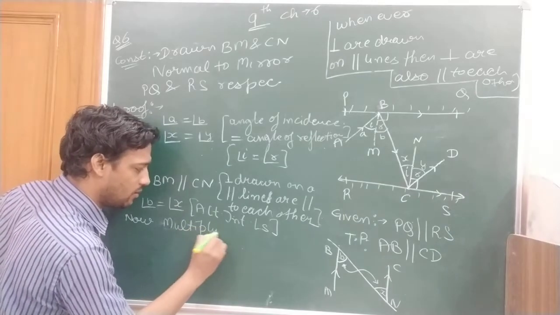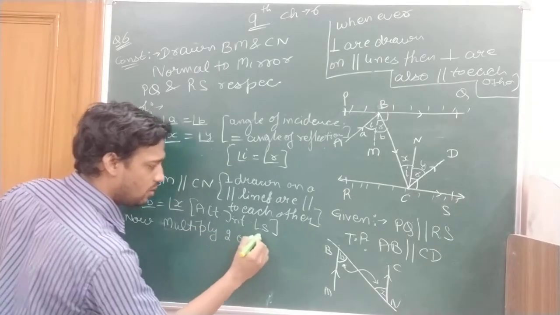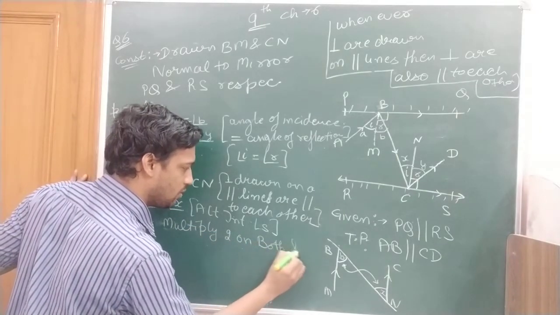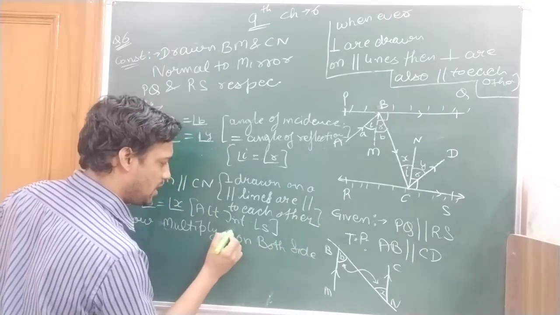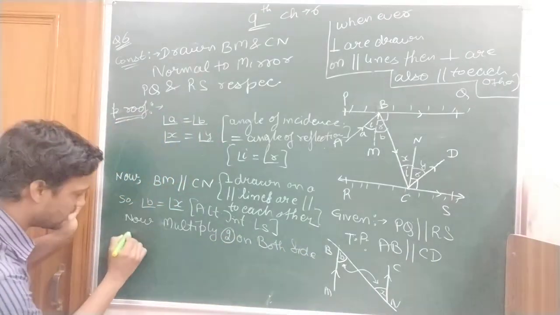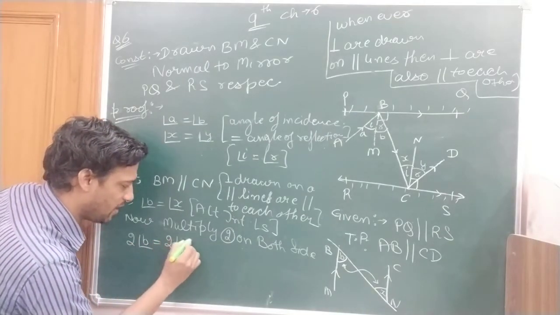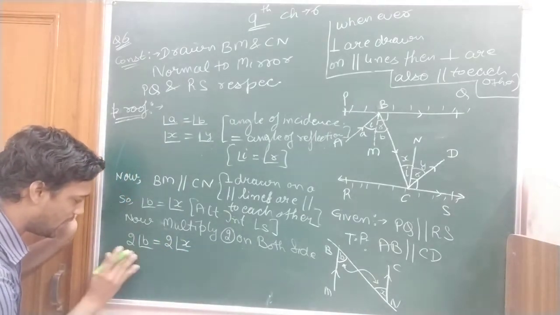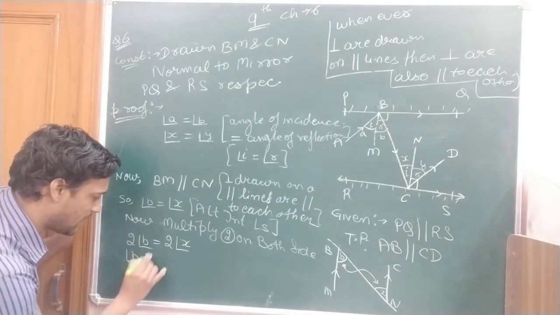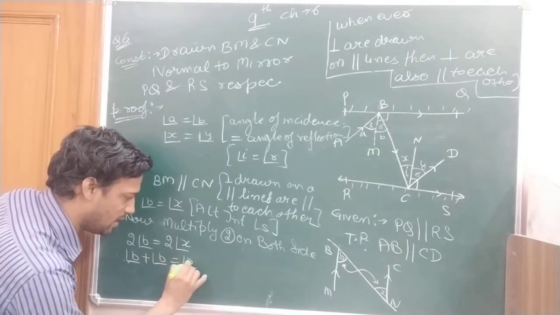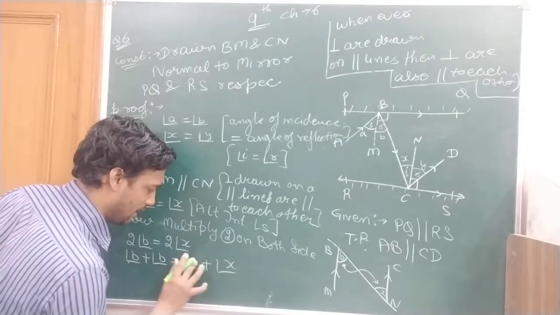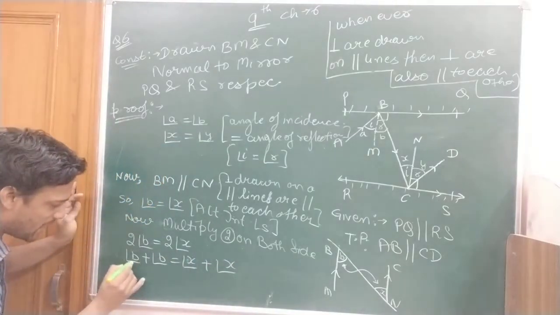Now multiply 2 on both sides. It means B is multiplied by 2, it becomes 2 angle B equals 2 times angle X. How can you write 2 angle B? You can write it as angle B plus angle B, and the other as angle X plus angle X. Keep the angle B as it is.